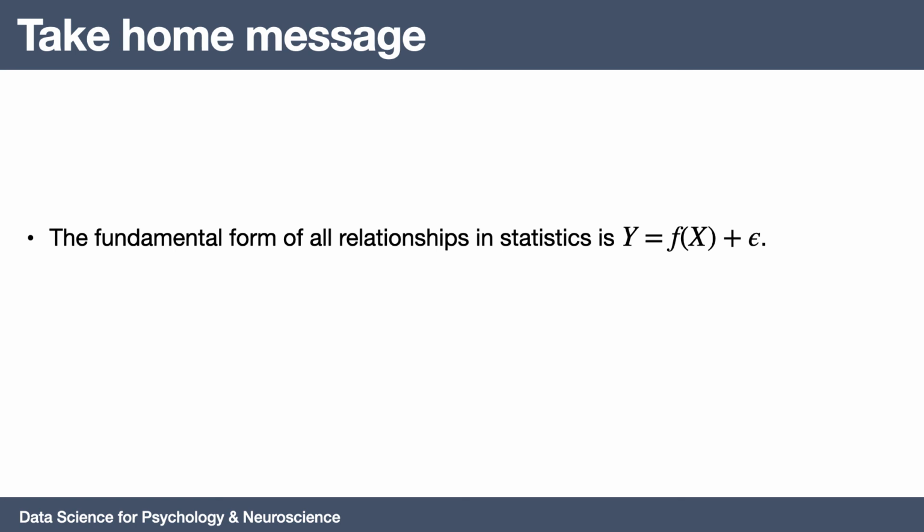Remember, this is an isomorphism to your hypothesis that was generated from your theory, which also has a similar form. So as long as you can constrain the way you think about the problem by constraining it to this fundamental form, your hypothesis and your statistics that you're using to test it should match up closely. You should start to have that intuition of their matching between your statistic and your hypothesis.